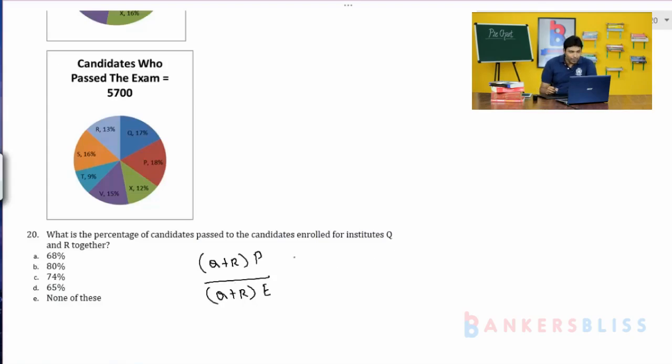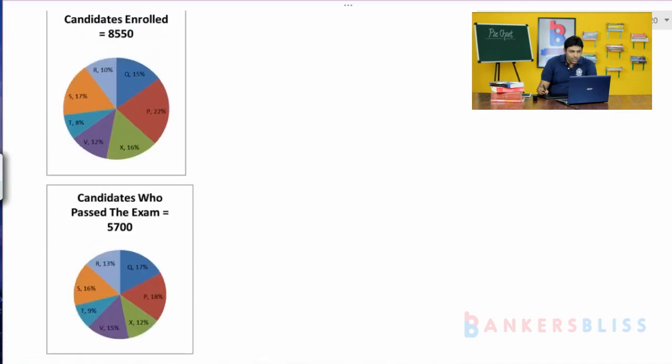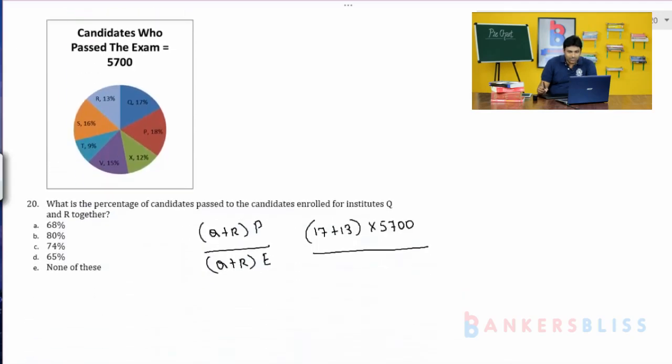So passed Q and R, Q is 17% and R is 13%, on 5,700, divided by enrolled. Q is 15%, R is 10%.